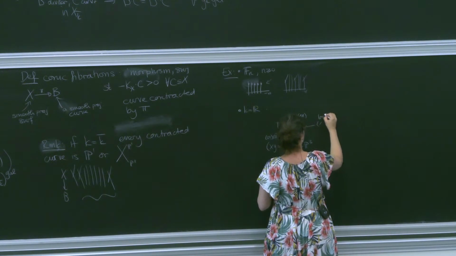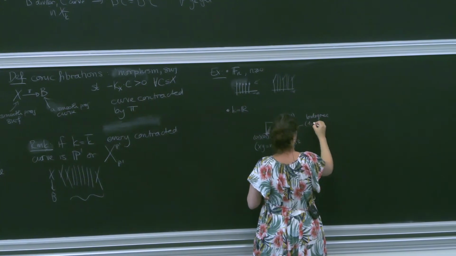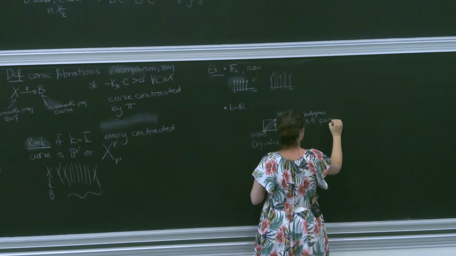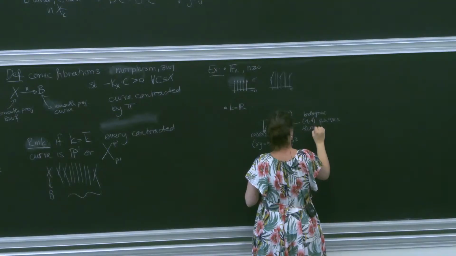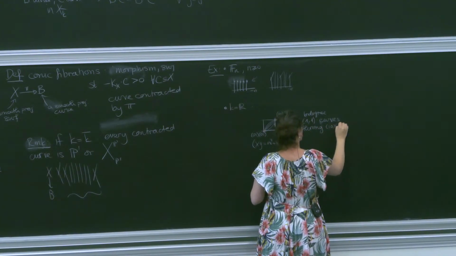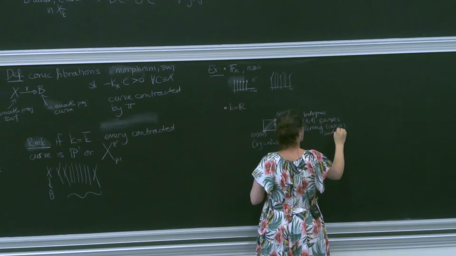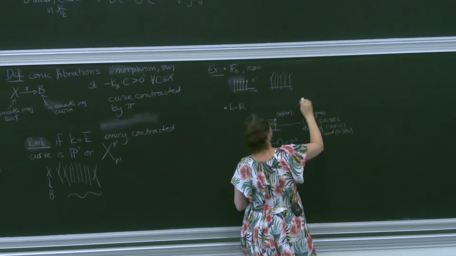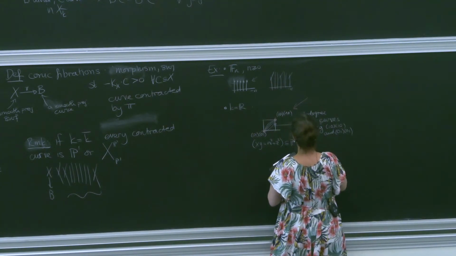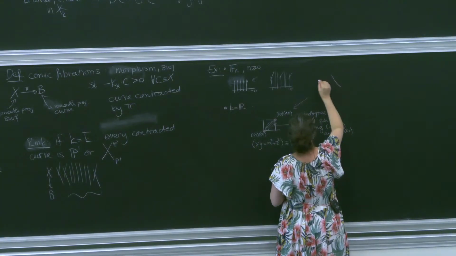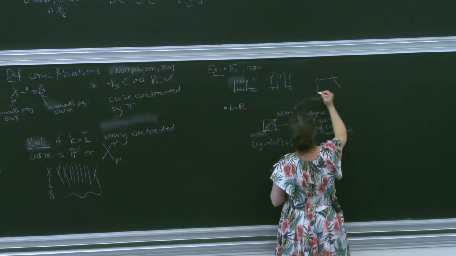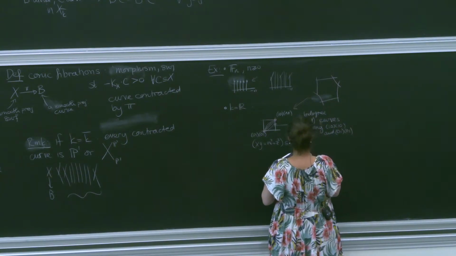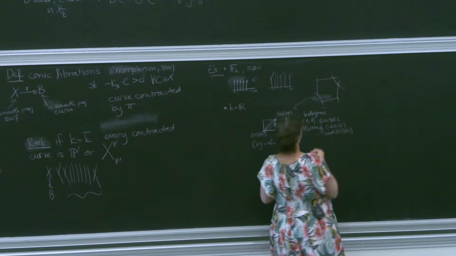And then when I blow up the red points, what I will get is a del Pezzo surface of degree 6. We have the two exceptional divisors that are -1 curves.